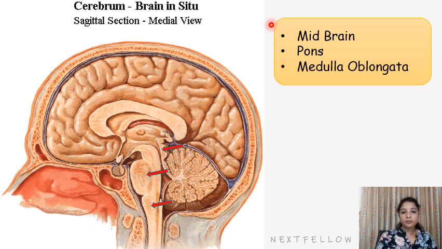medulla. So midbrain mediates the visual and auditory reflexes, and it contains the nuclei of third and fourth cranial nerves. We know the brainstem begins at the level of cerebral peduncles anteriorly, and corpora quadrigemina or quadrigeminal plate or tectal plate on the posterior side.